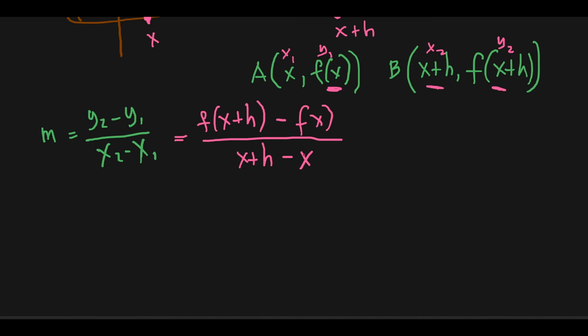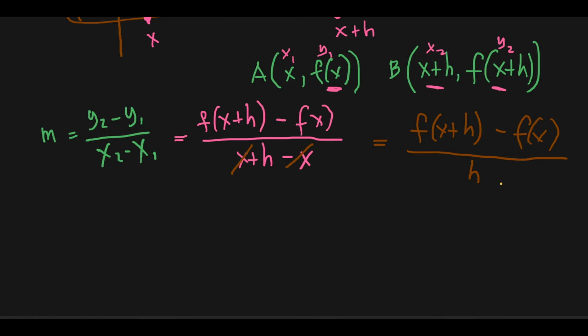And notice that in the denominator we can cancel out the positive x and the negative x. So we will be left with f of x plus h in the numerator minus f of x, all over h. And this result is the slope of the second line.